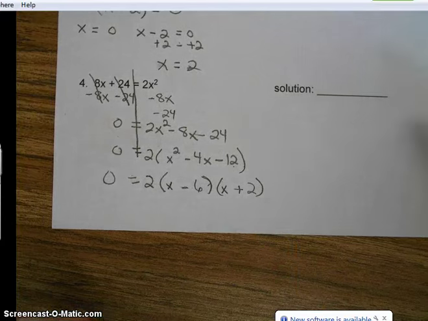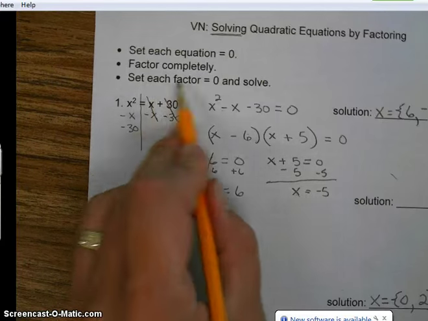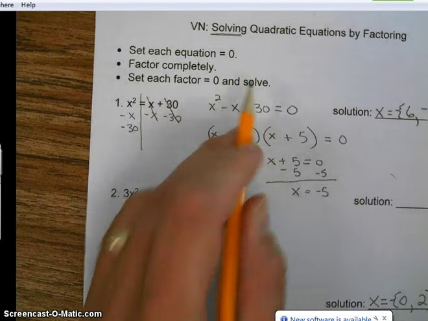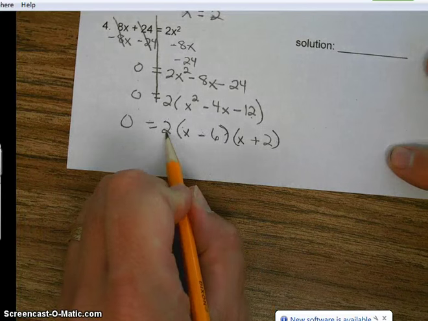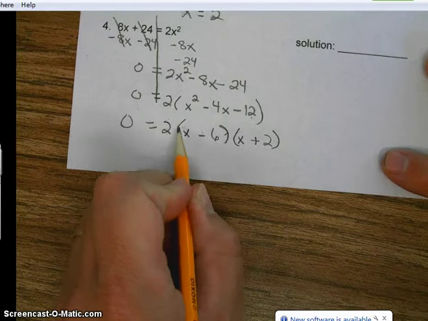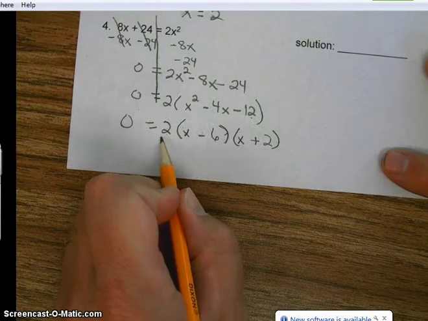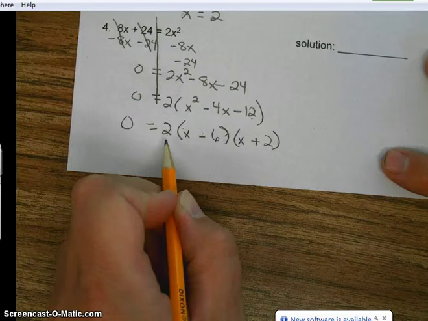Okay? So, next step, set each factor equal to 0 and solve. Notice that 2 is a factor, but there's no x involved. So we do not have to set this number equal to 0. There's nothing to solve for.